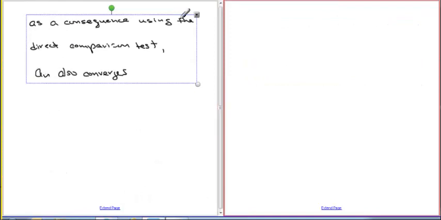Okay, problem number 7. I have a similar situation. The summation from n equals 0 to infinity of 1 over 3 to the n plus 1. We'll call that a sub n, the summation of a sub n.